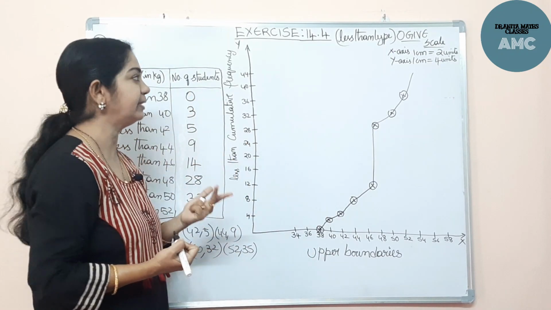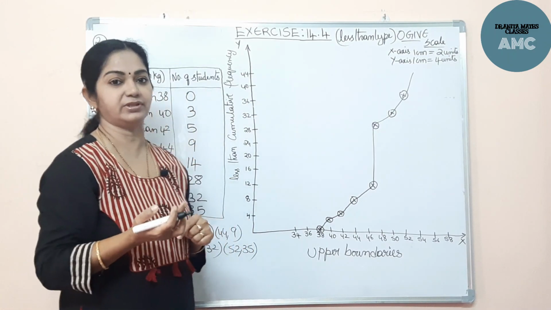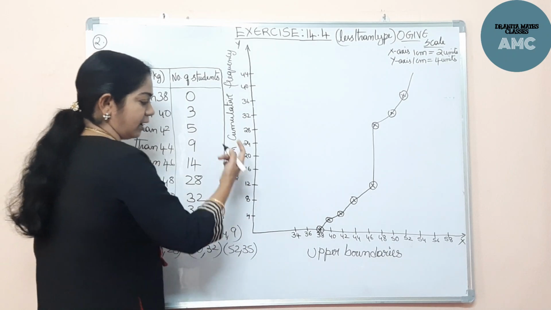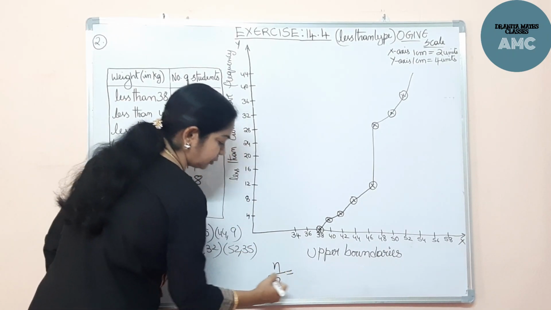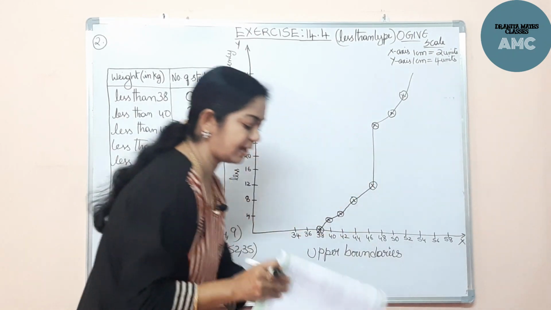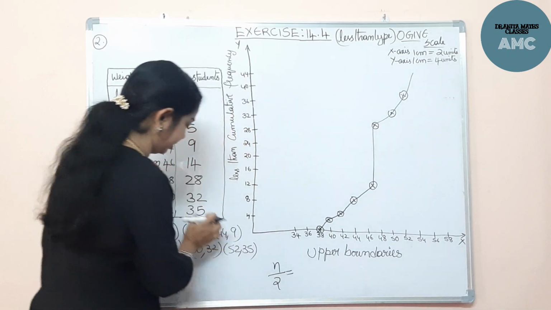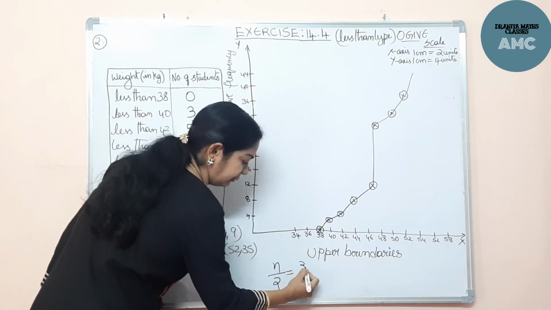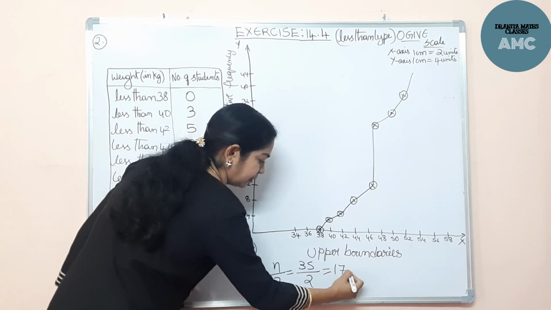Now how to find the median? It is asked in the question: find the median graphically as well as verify with the formula. We will look at the n by 2 value. What is the n given in the book? The checkup is for 35 students, a total of 35 students. So 35 by 2 comes to 17.5.